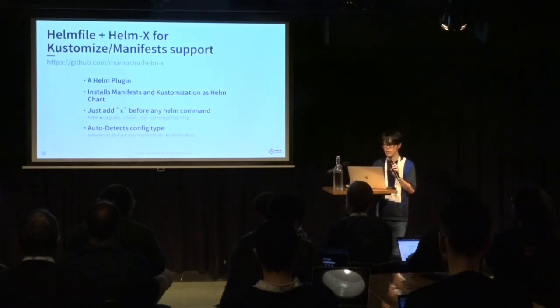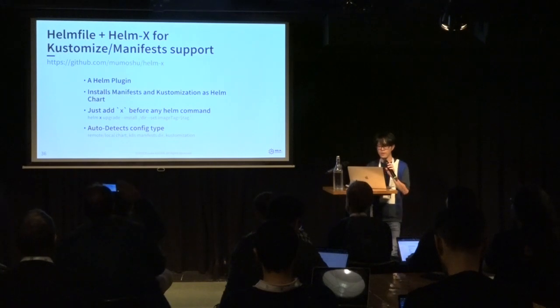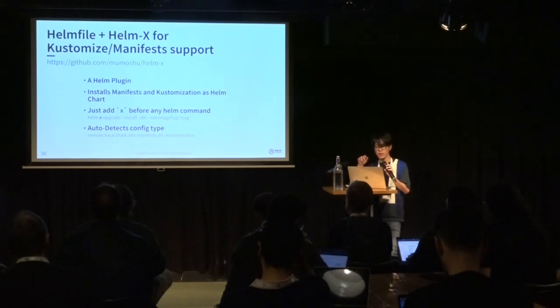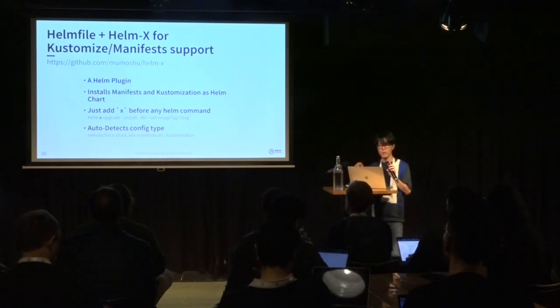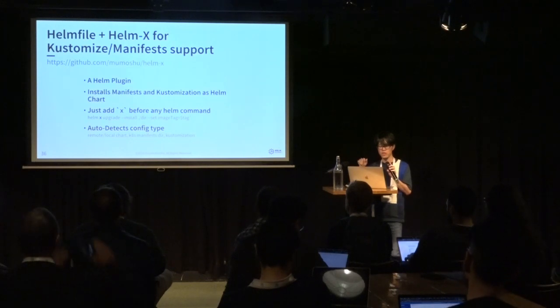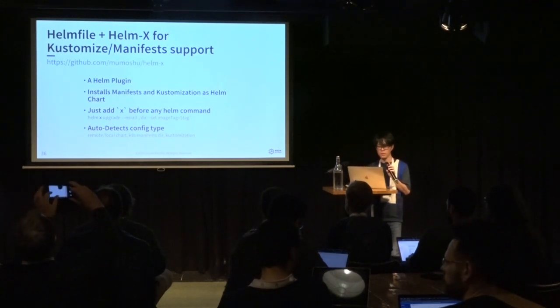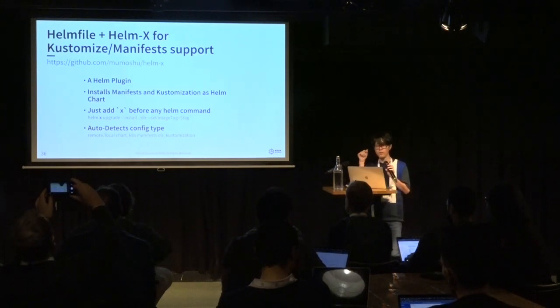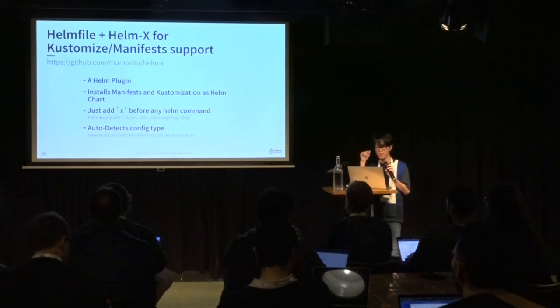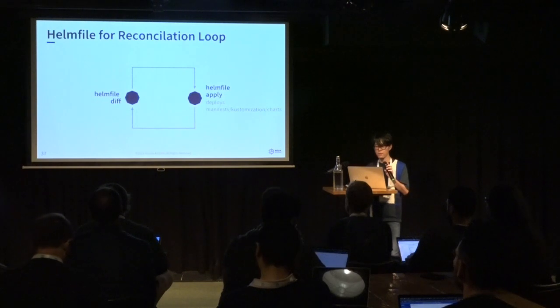And here, Helmx is a Helm plugin for installing any directory containing Kubernetes manifest and Kustomize as Helm chart. So to use it, you can just add x before any Helm command, and it just auto detects config type, whether it's remote or local chart or Kubernetes manifest directory, Kustomize directory.